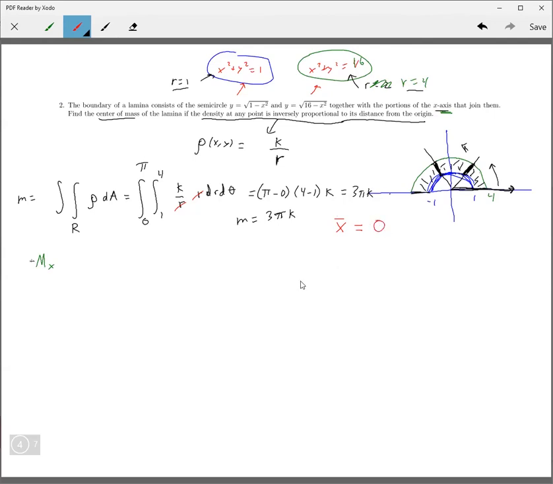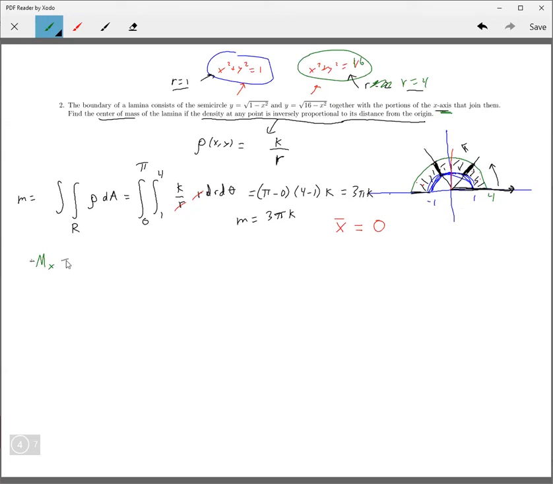Yes, it's going to be 0, because there's this part and that part, and they're symmetrical with each other. The density could throw you off, but the density is symmetrical too. A point over here is just as dense as this point. So the center of mass x coordinate is 0. Okay, that's good.